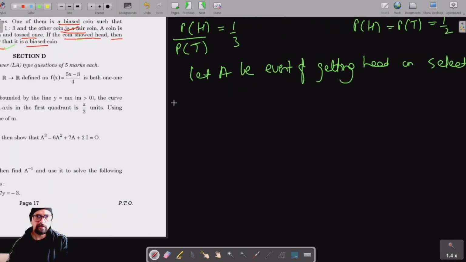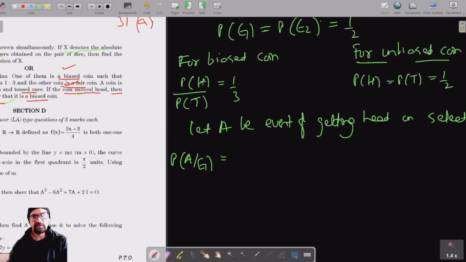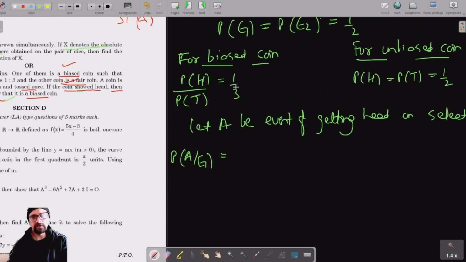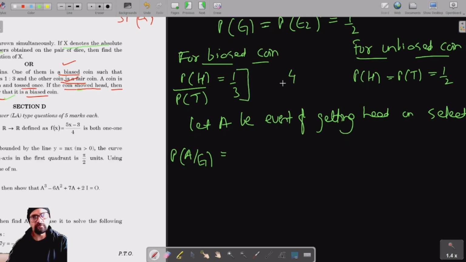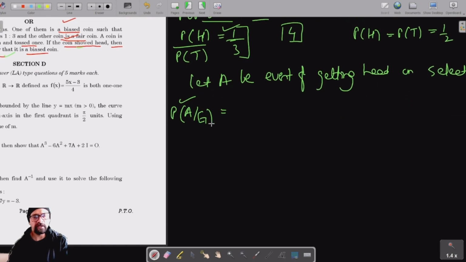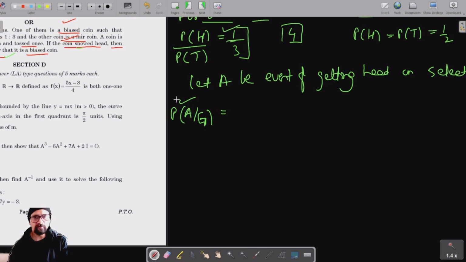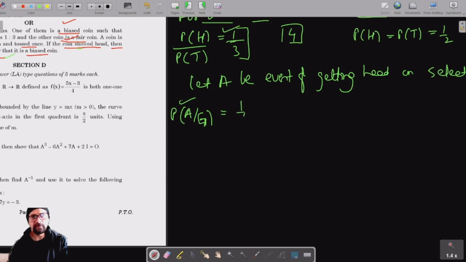Now the probability of getting a head if the first coin is selected: the first coin is a biased coin, and we have a total of 4 cases, and out of these 4 cases, we are getting head in one case. So it will be 1 by 4.